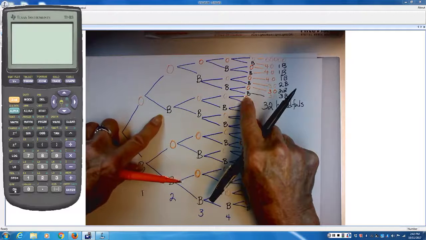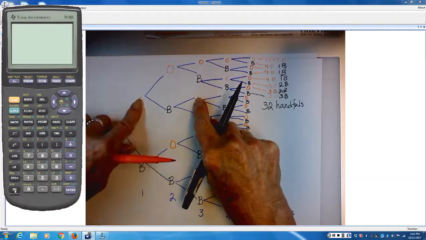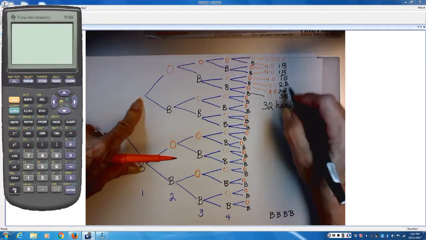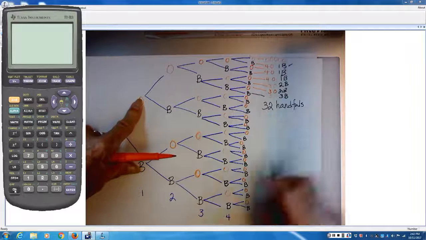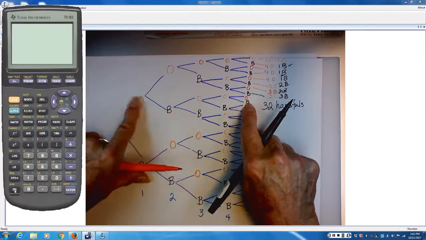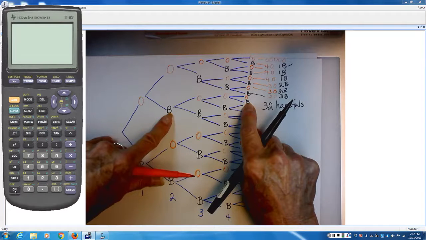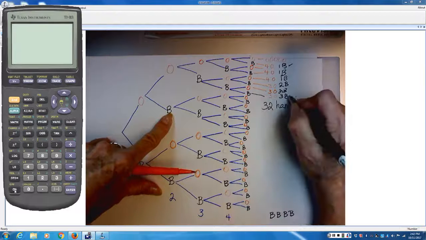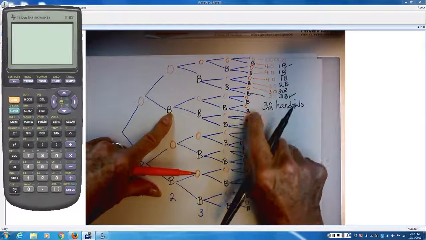This one would be 1, 2, 3, 4 oranges and a brown one. So that will be another one of those. This would be 1 orange, or 1 brown, and 3 orange. So that will be another 2 orange and 3 browns.